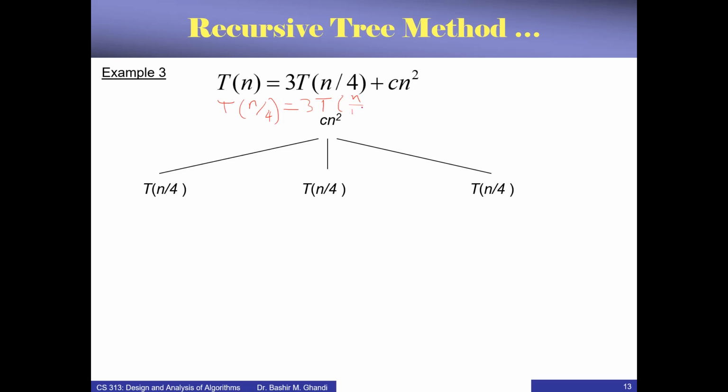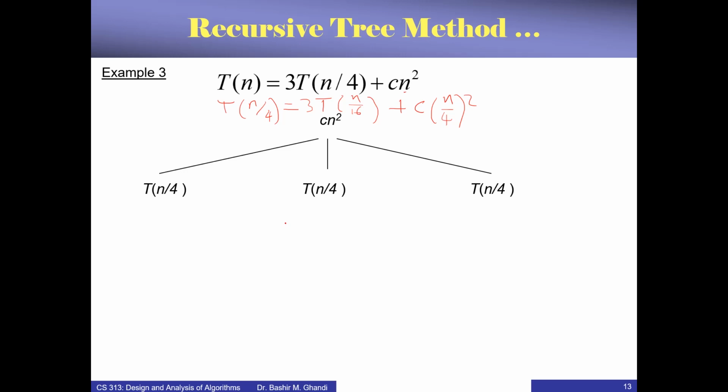Okay, n/16, if you like, n/4 squared, plus c(n/4) squared. Remember, wherever you have n, change it to n/4. So we will have (n/4) squared.